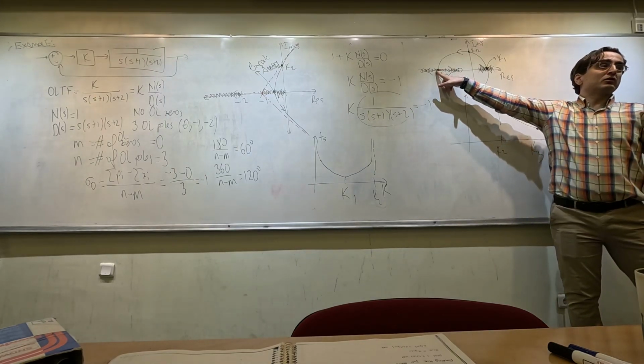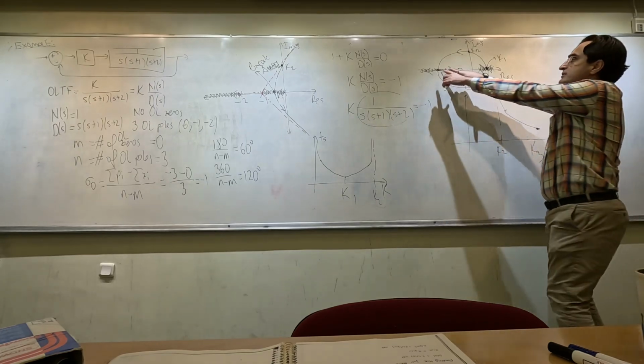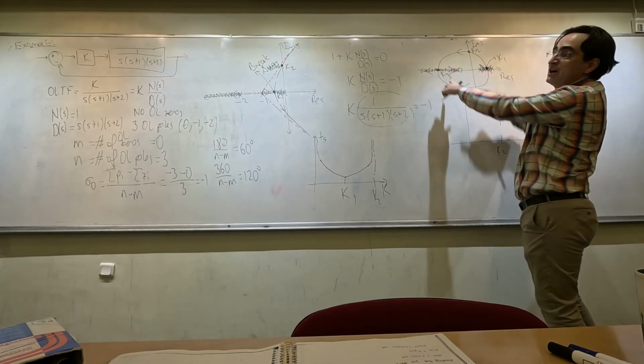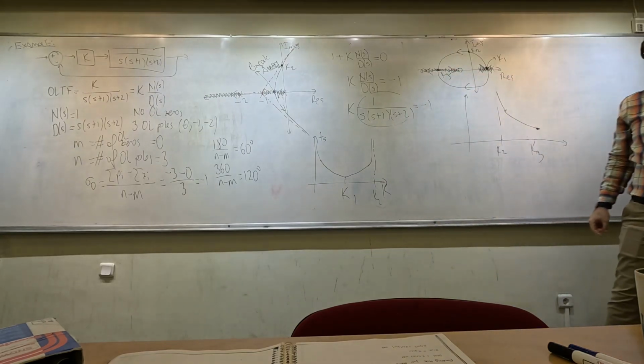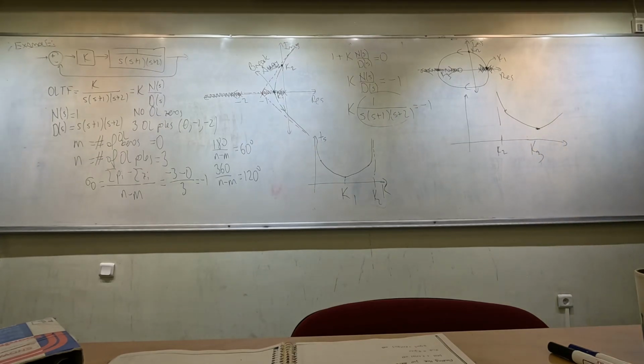We're going to come to here, and then after the point k3, one of the closed loop poles is going to start approaching the imaginary axis. That is the dominant closed loop pole, meaning that this settling time is going to start increasing from that point on. Is it going to increase forever, or is it going to stop at a finite value?